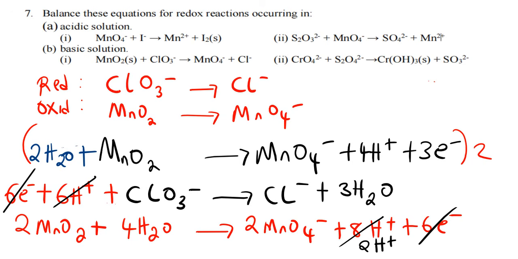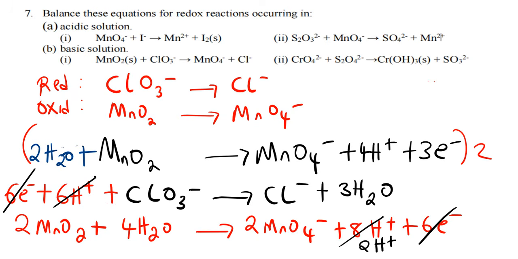Now when you reach here, that's where it gets critical. You have to make sure that, when I'm multiplying, let me just check for something. Okay, 6 electrons, that is just fine.